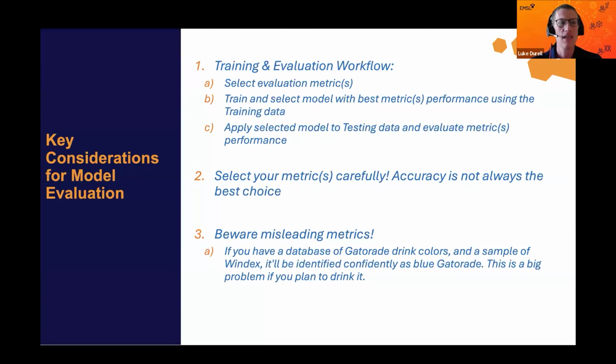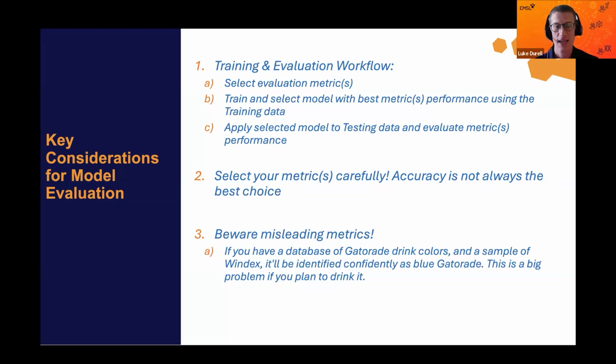Okay, so key considerations for model evaluation. Just as a recap, because I don't think I included this in the previous slides, your training and evaluation workflow is to select evaluation metrics, train over your suite of models, as well as hyperparameters within models, using the best metric performance using the training data, basically.